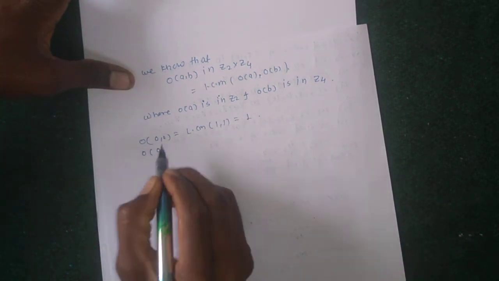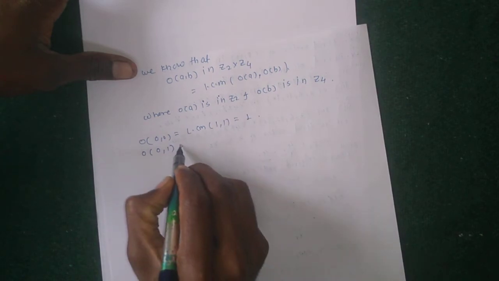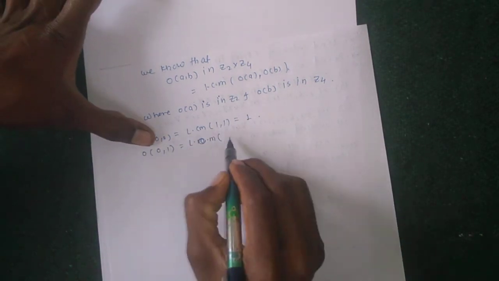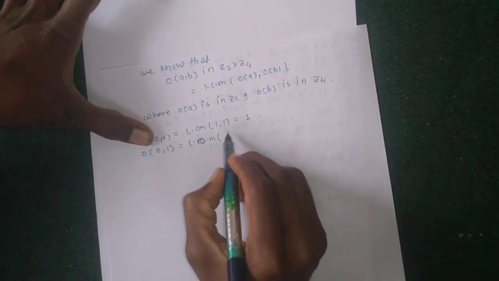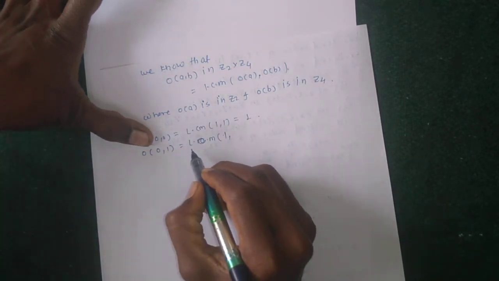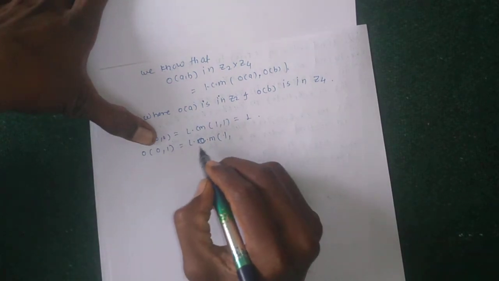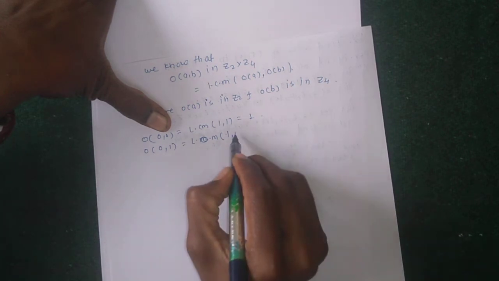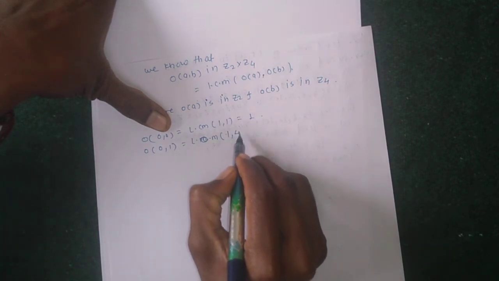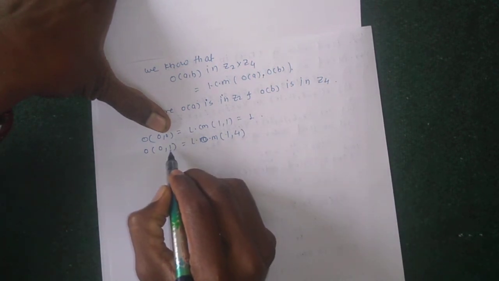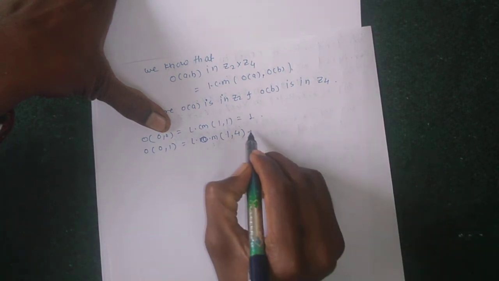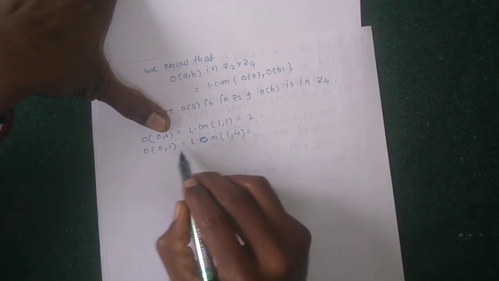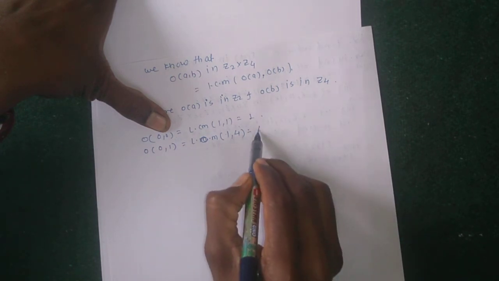Then the second element is (0,1): the order of 0 is 1, and the order of 1 in Z4 is 4, because 4 times 1 equals 0, the identity. Therefore the LCM is 4.